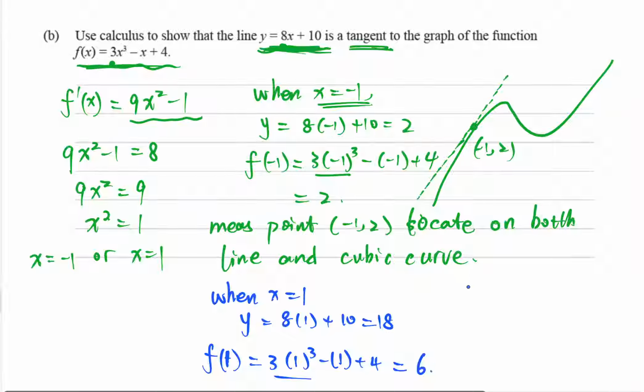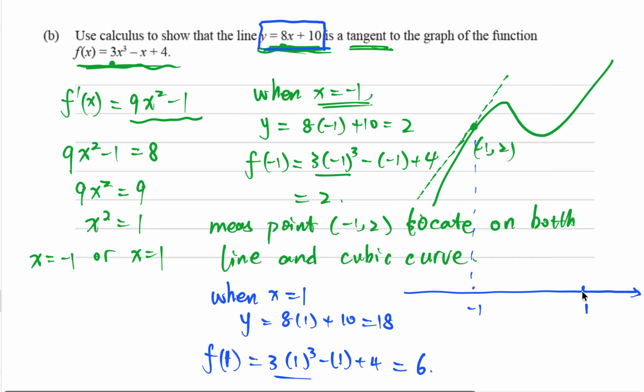We cannot say this line is a tangent at this point. Actually, we can stop here, we already got the answer. I just want you to understand more. This is x equals negative 1, and we already proved it is a correct answer.